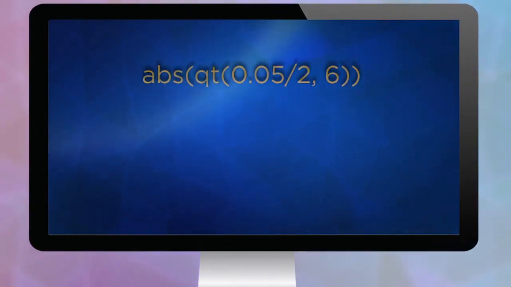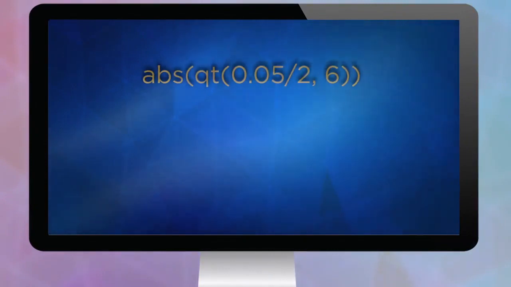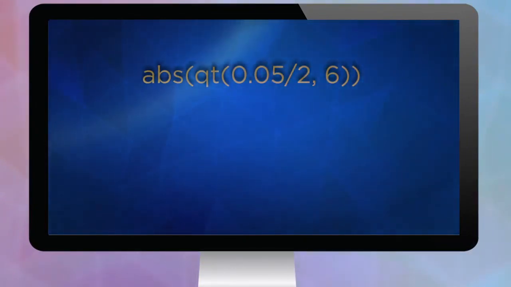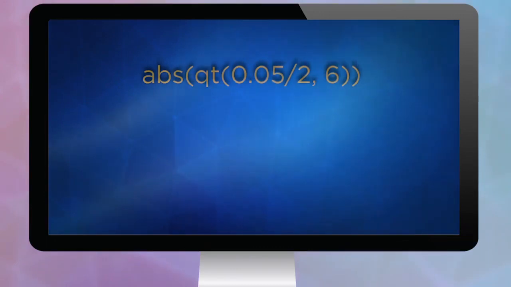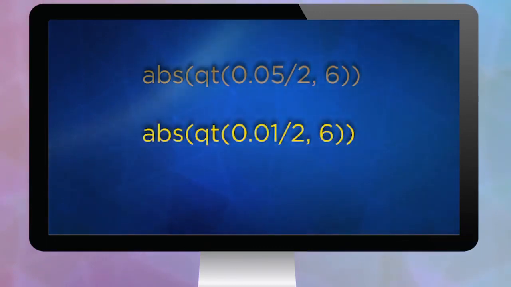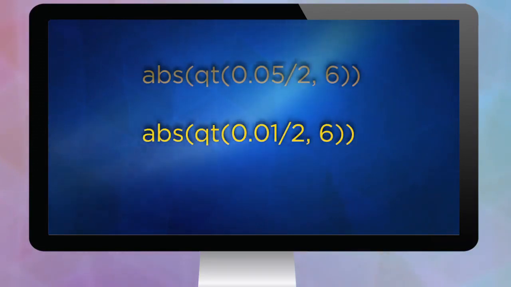That means take the quantiles from the t distribution at alpha over 2, so 0.05 over 2, with n minus 1 degrees of freedom, which for us is 7 minus 1. If we wanted to get a critical value for the 99% confidence interval, again, we'd use the absolute value of QT, now 0.01 over 2, with 6 degrees of freedom.